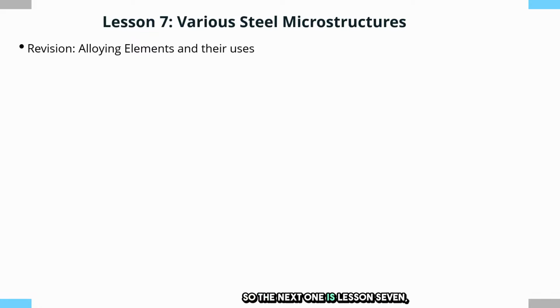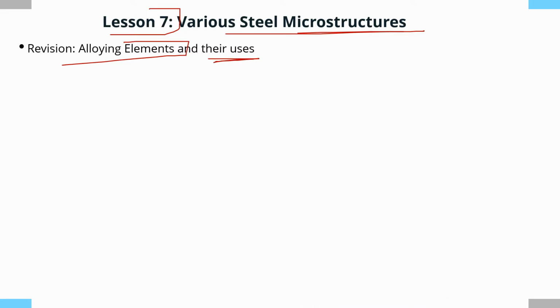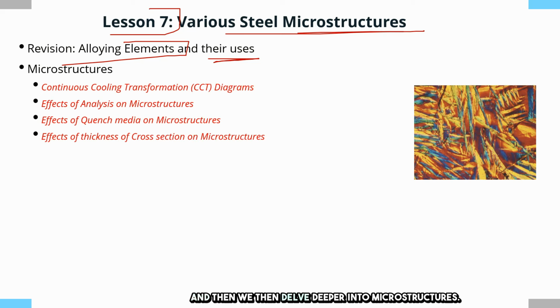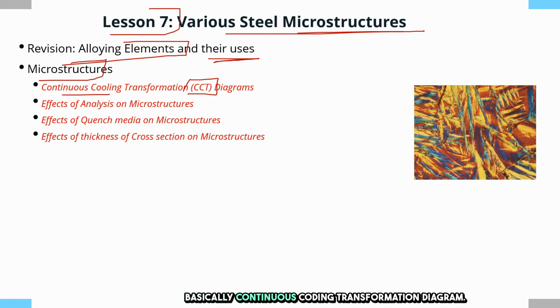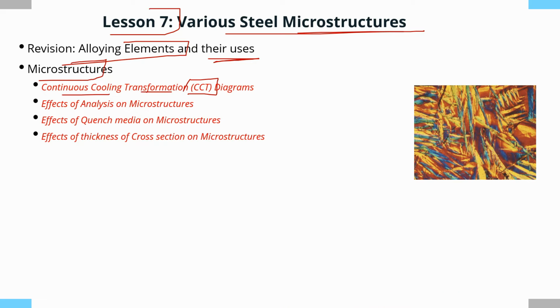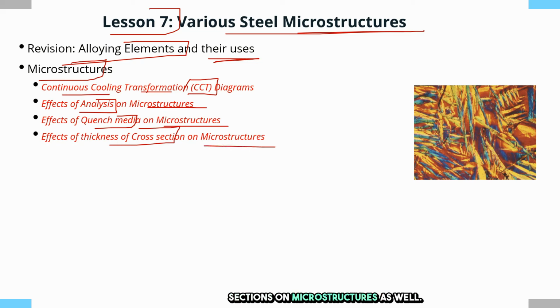The next one is lesson 7, which is around various steel microstructures. So what are steel microstructures? As standard, we do a revision on lesson 6, which is alloying elements and their uses. Then we delve deeper into microstructures. We look at this diagram called the CCT diagram, which is the continuous cooling transformation diagram. Then we examine the effects of analysis on microstructures, the effects of quench media on microstructures, and the effects of cross sections on microstructures as well.